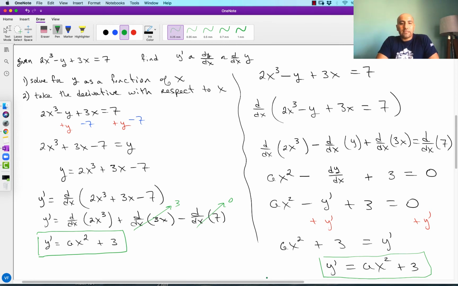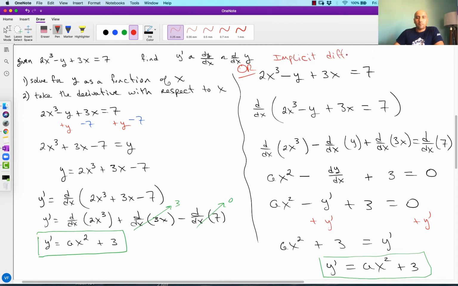Okay, so what is the point here? The point is that we didn't have to solve for y if we do it this way. This is called implicit differentiation on this side. And over here, this is explicit. Okay, so that's the big advantage here. We don't have to solve for y first. We can just start taking derivatives without solving for y first.